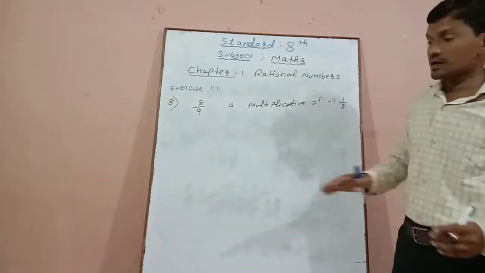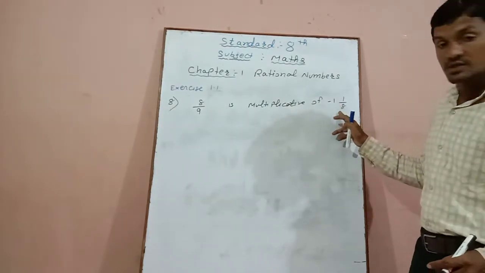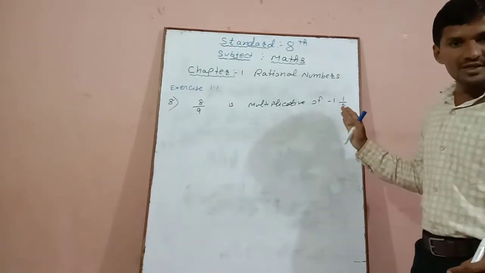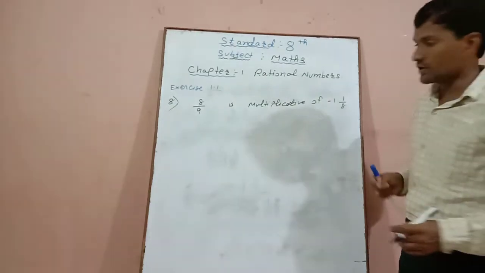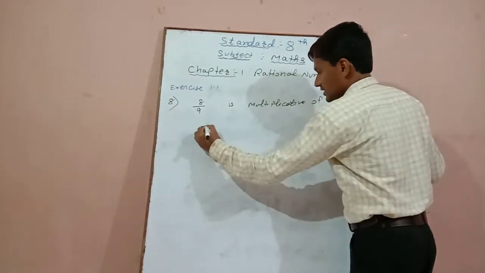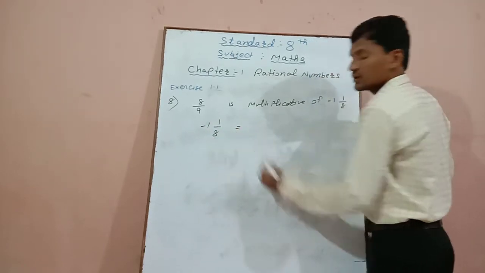We have to say whether 8 divided by 9 is a multiplicative inverse of this number or not. This is a mixed fraction, so first of all we have to convert it into a simple fraction. Let us start. Minus 1 1 divided by 8 is equal to.